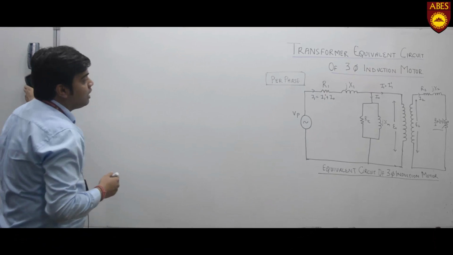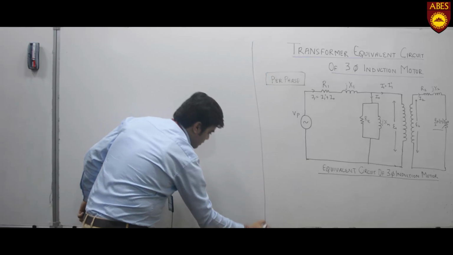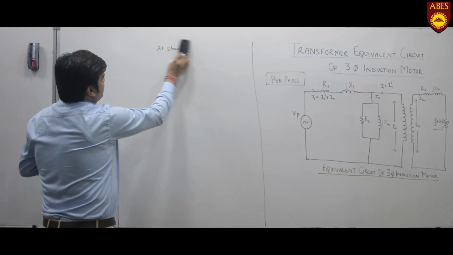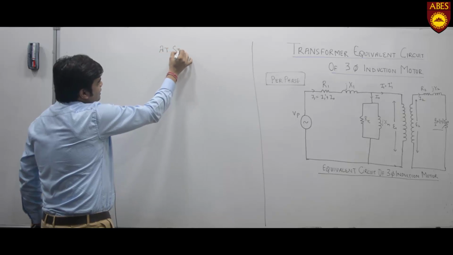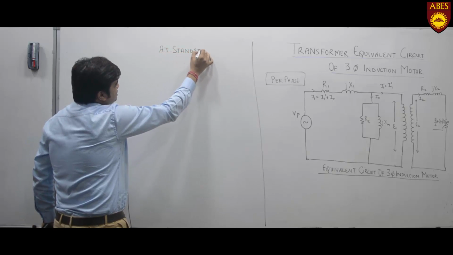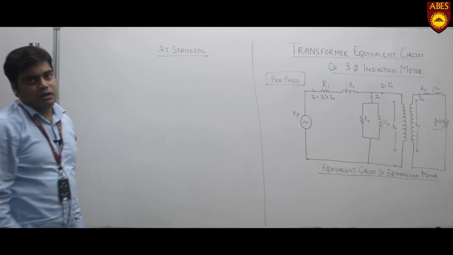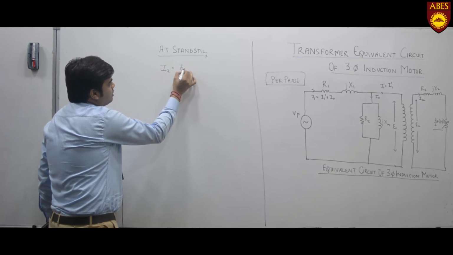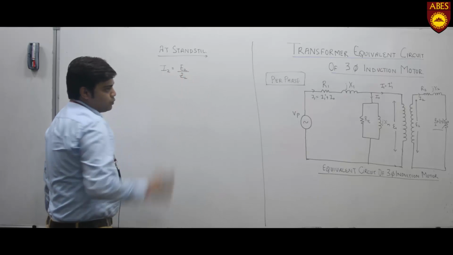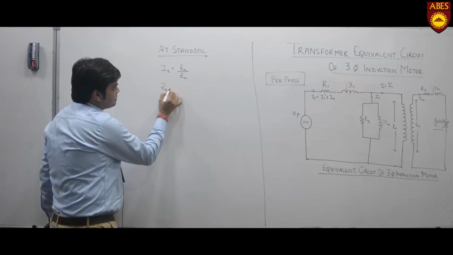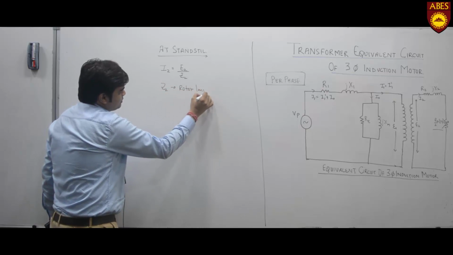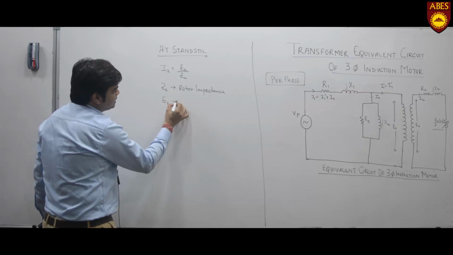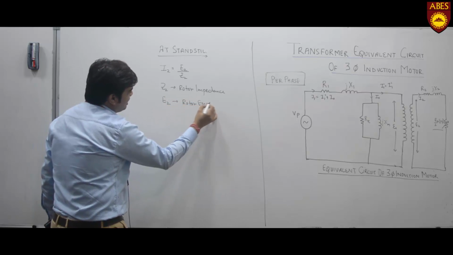Now at standstill, I2 is equal to E2 upon Z2, where Z2 is the rotor impedance and E2 is the rotor EMF.